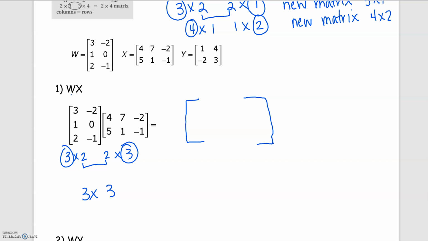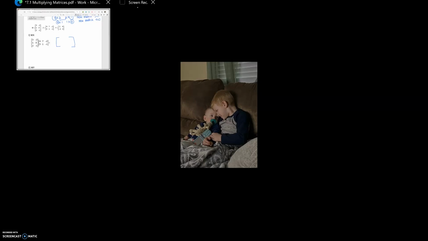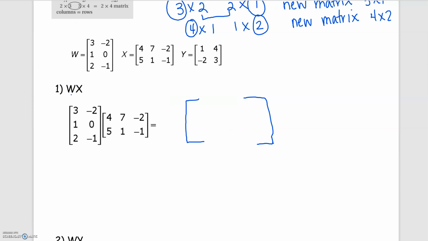Okay, so here's what's going to happen. I'm going to get rid of this stuff because I need some room. We are going to take the first row and multiply it by the first column, and then we're going to add them together.